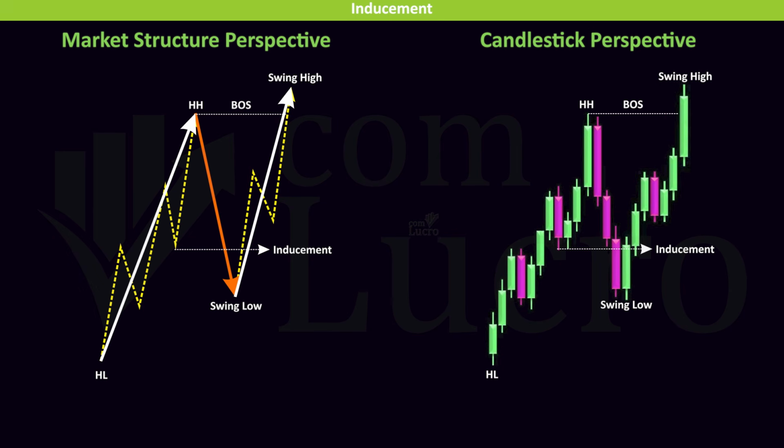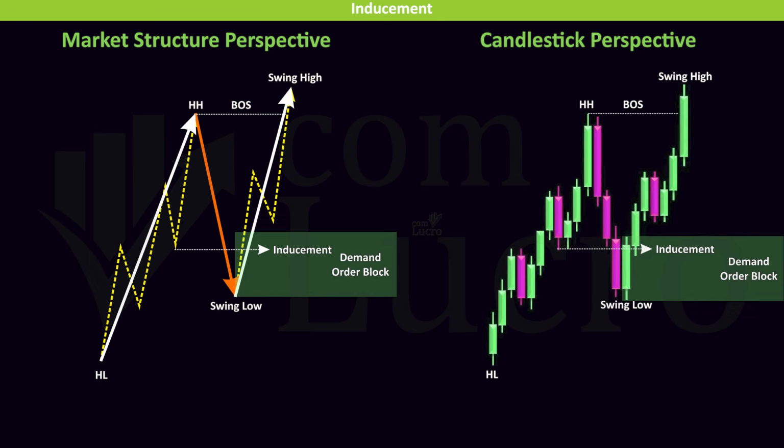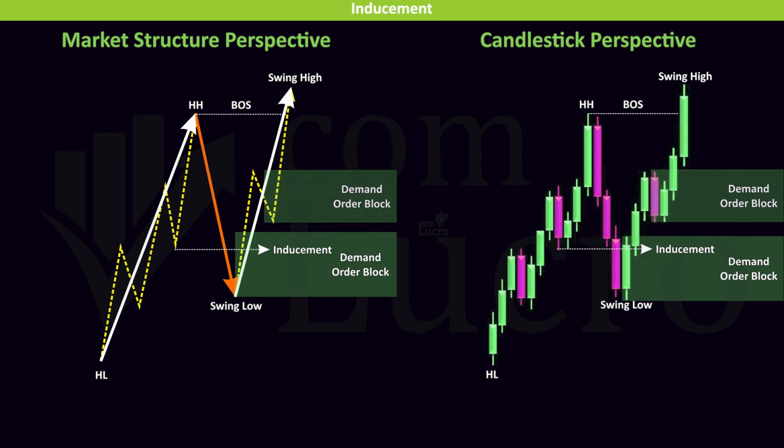At this point, we have a clear break of structure to the upside, along with a demand zone formed at the extreme of that move, which holds the potential to act as a reversal area. However, it is important to recognize that there is also another nearby zone that remains unmitigated, which can create uncertainty for traders when deciding which zone to engage with.